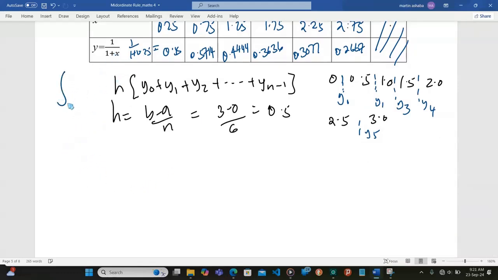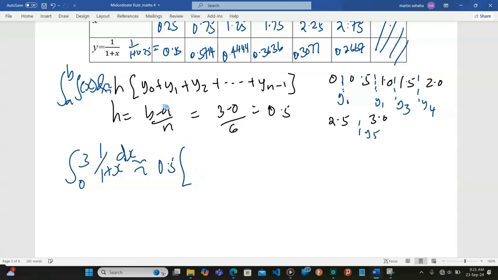The integral from 0 to 3 of 1 over 1 plus x with respect to x is approximately equal to h, which is 0.5, times y0 plus y1 plus y2 plus y3 plus y4 plus y5, where this is y0, this is y1, this is y2, up to y5.